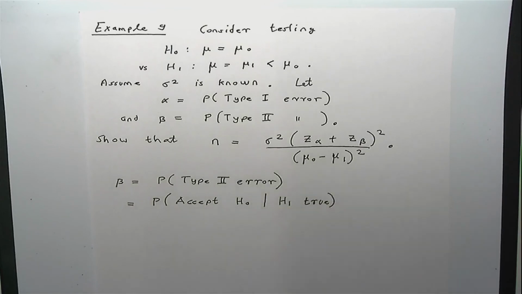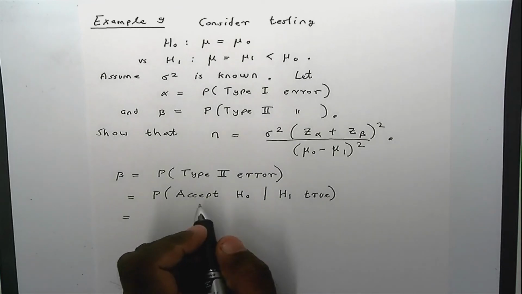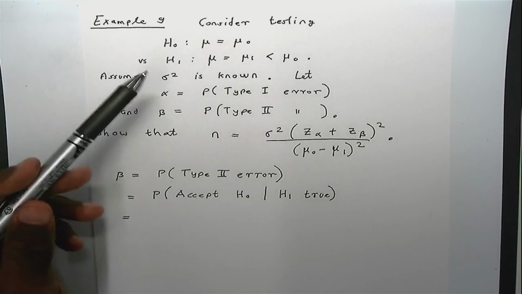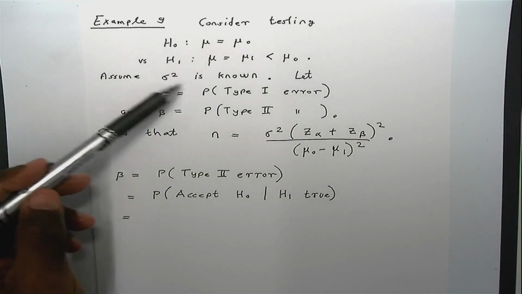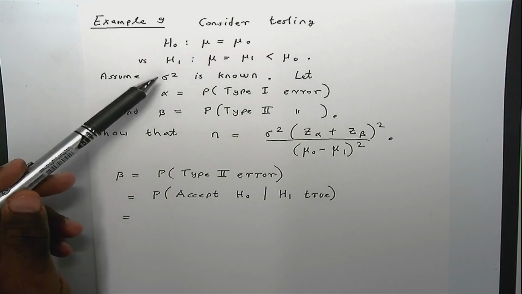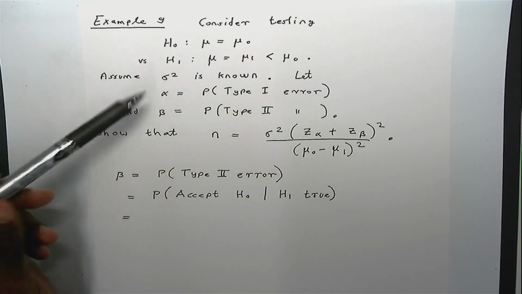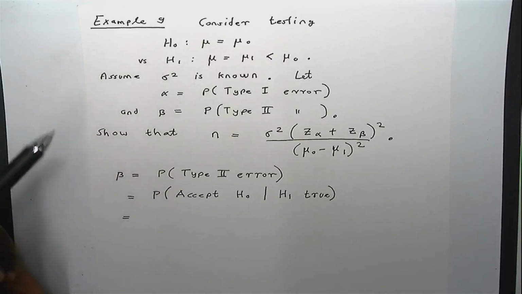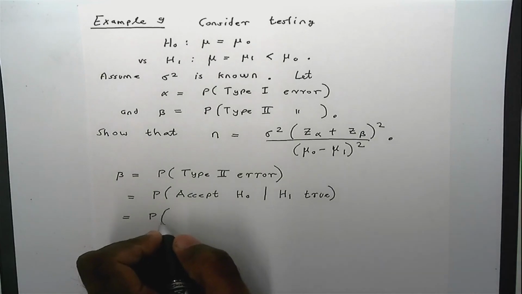Right, which is, now I'm going to use the standard test. When I say standard test, I mean the standard test for testing this versus this when sigma squared is known. Now if you look at the video I did previously on one sample test, you will know what the standard test is, right?